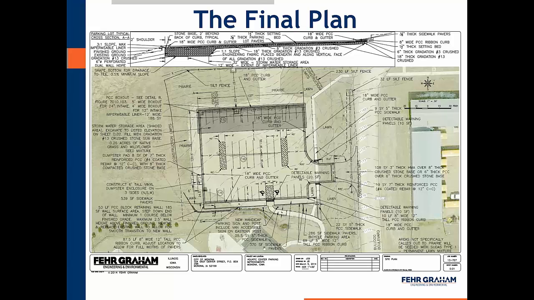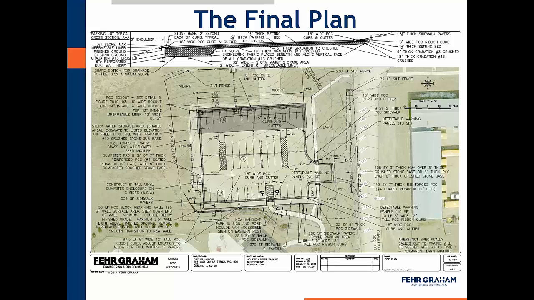And here's a slide of how that final design ended up. Got a lot of stuff going on here, but I just wanted to point out a few things. Got the aerial photo of the pre-project on, so you can kind of see the footprint of where that crushed stone parking area was. And then you can see our line work of the finished parking lot.